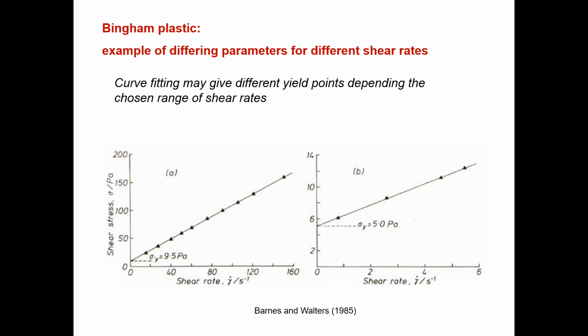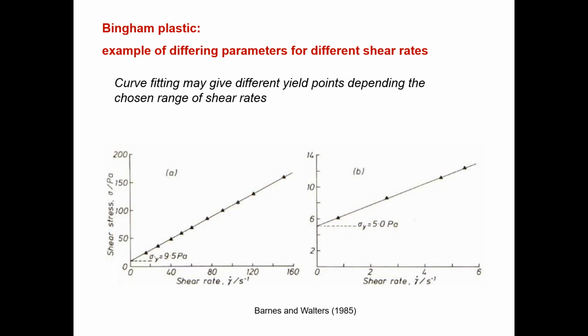And if you fit only these 4 points that are basically only here, right, then you're going to get a different yield stress. Yield stress here is just below 6. And this one is 9.5. So it could be 5 versus 9.5 in yield stress, depending on the range of points you put together.